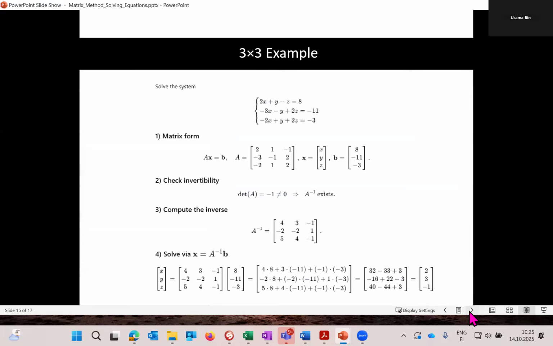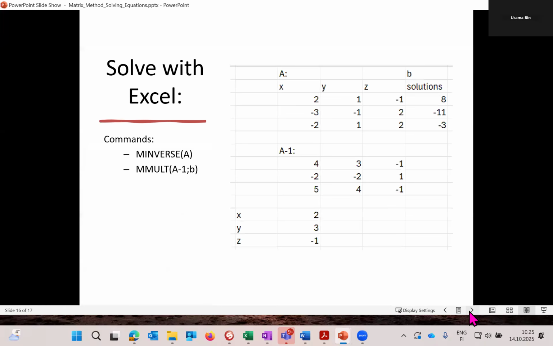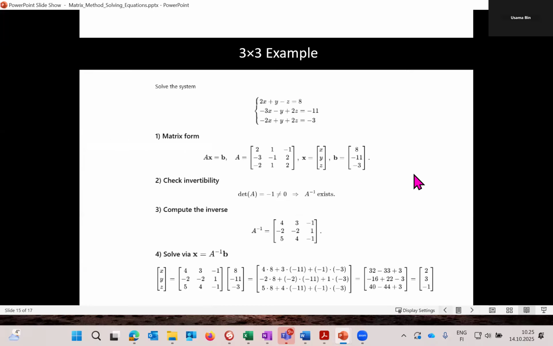Okay, so here is an example, and this is done with Excel. Now we come to this. We have 3 equations. Then we make the matrix form. Then we don't check anything, we just compute the inverse.